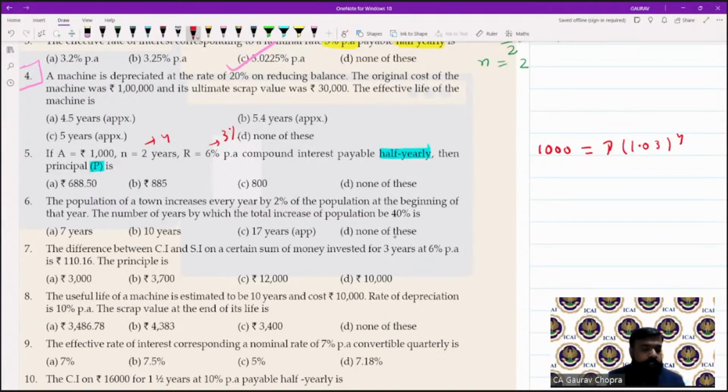So how much everyone is getting? 1.03 to the power of 4 and then divide it with 1000.